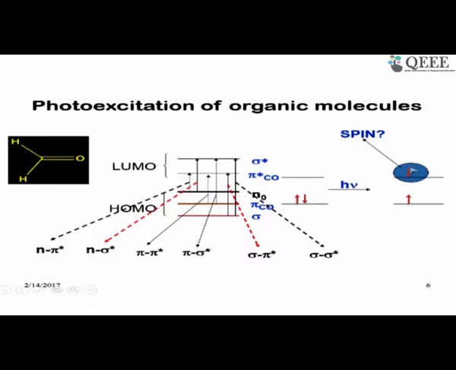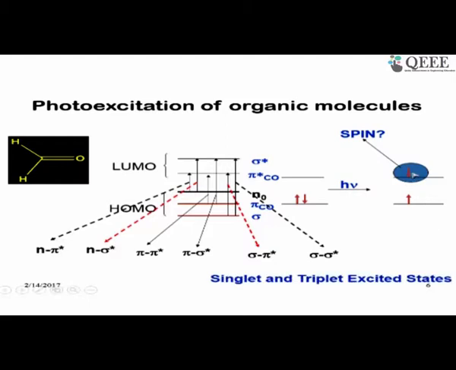So the moment you excite, look at that spin, it is the same as in the ground state. But the question comes: as long as it stays there in the excited state, there is no other electron in the vicinity. So why does it keep the spin the same? It can change its spin.